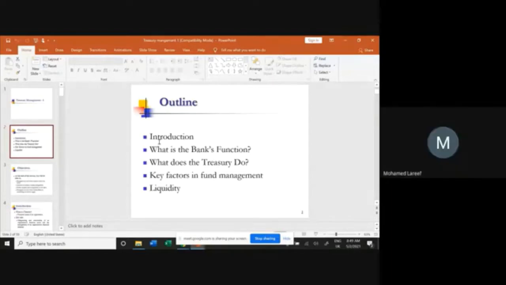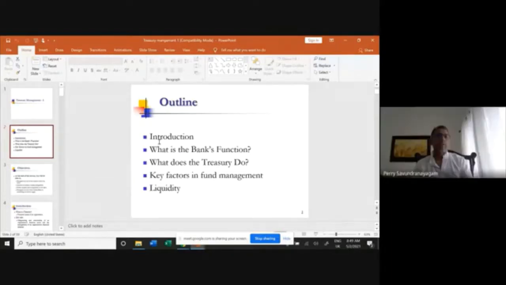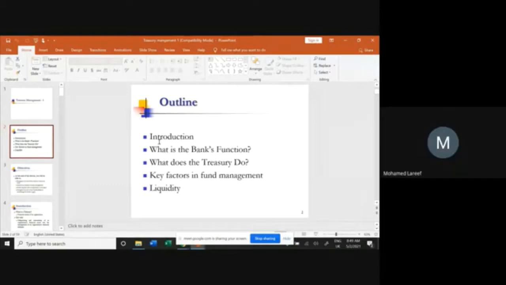Financial intermediation, sir? Yes. And when you say financial, what kind of intermediation does it do? Collecting funds from the excess units and giving to the deficit units. Right.